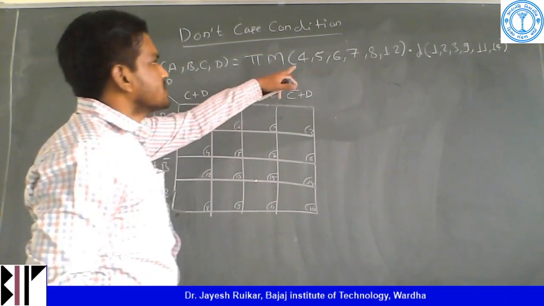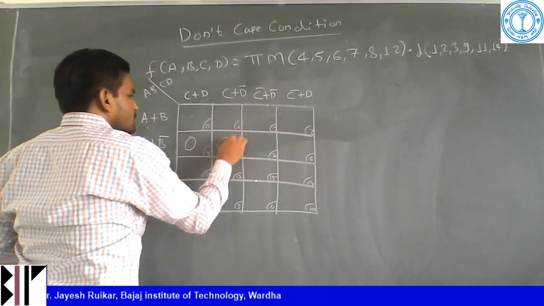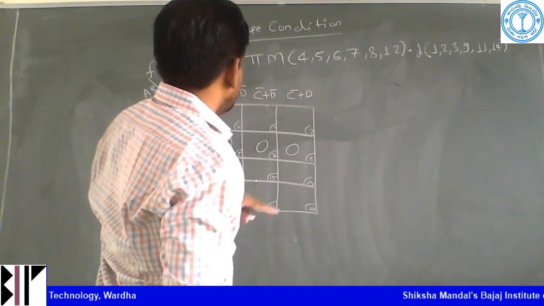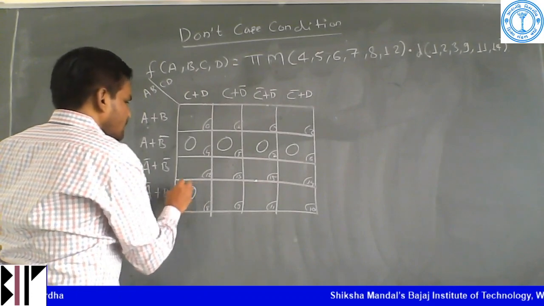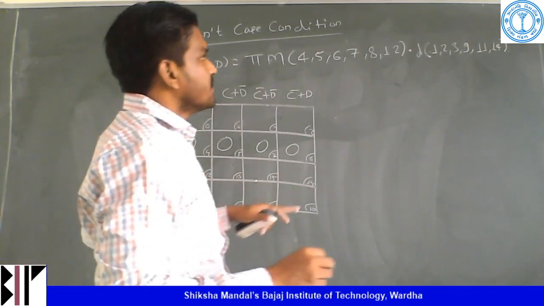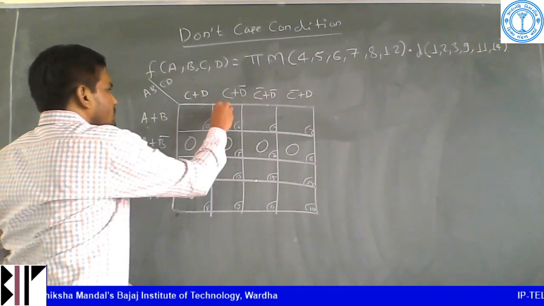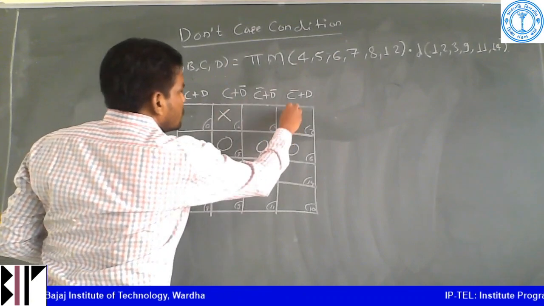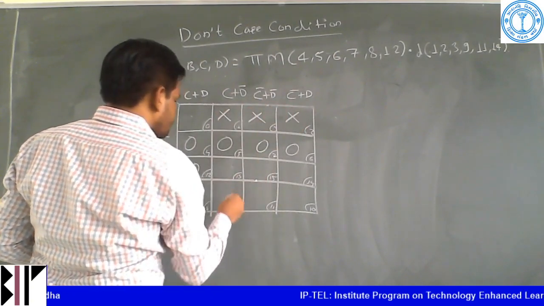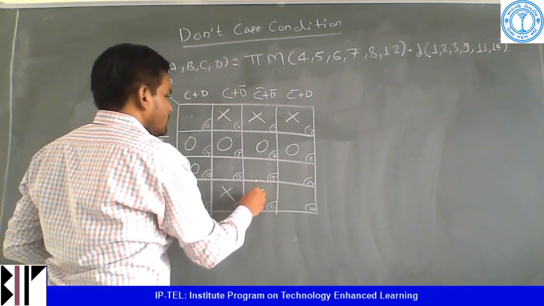Now for each max term: 4, 5, 6, 7, 8 and 12. So this is 8 and this is 12. Then don't cares are 1, 2, 3, 9, 11, 14. This is 11 and this is 14.